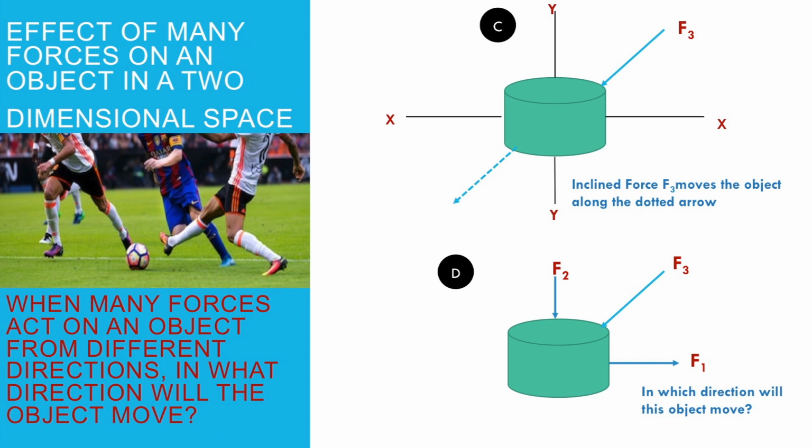Just like you see in the game of soccer, in the picture on the left hand side, many players push the ball with their legs. All the players are exerting force on the ball, and finally the ball moves in one particular direction. It may be the direction of player A, or player B or player C, or it might be the net effect of all the three players put together.